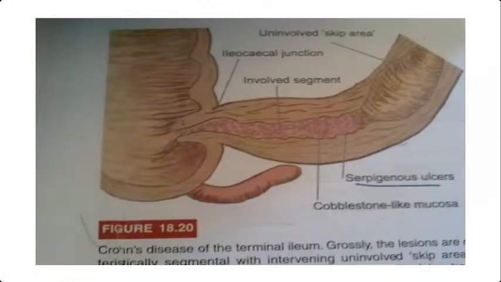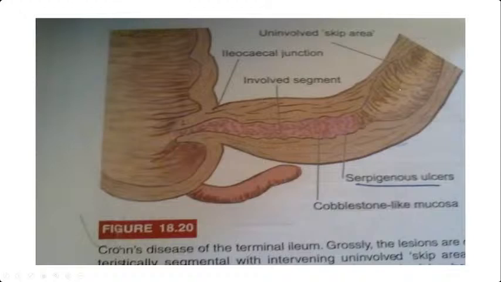So this again demonstrates the terminal ileum, and characteristically in Crohn's disease, the lesions are segmental with intervening uninvolved skip areas. So this is part of the involved segment of the ileum.